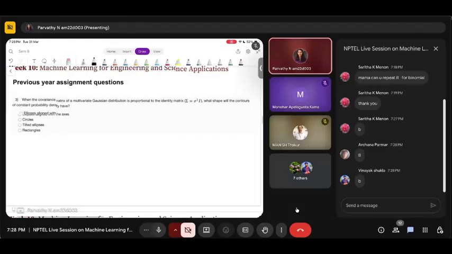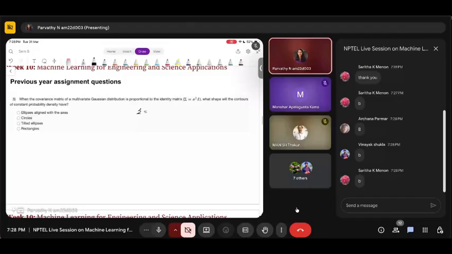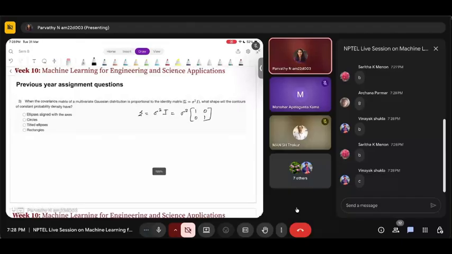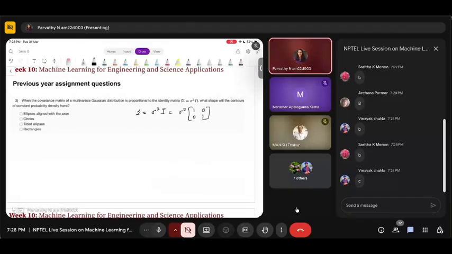So it is sigma square into I, that is sigma square into [1 0; 0 1]. Then this is [sigma square 0; 0 sigma square]. So these two are equal. So it will be a circle.